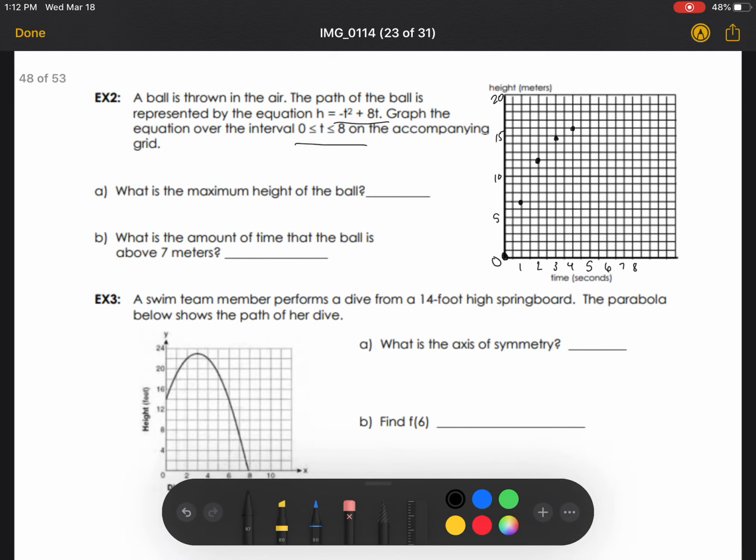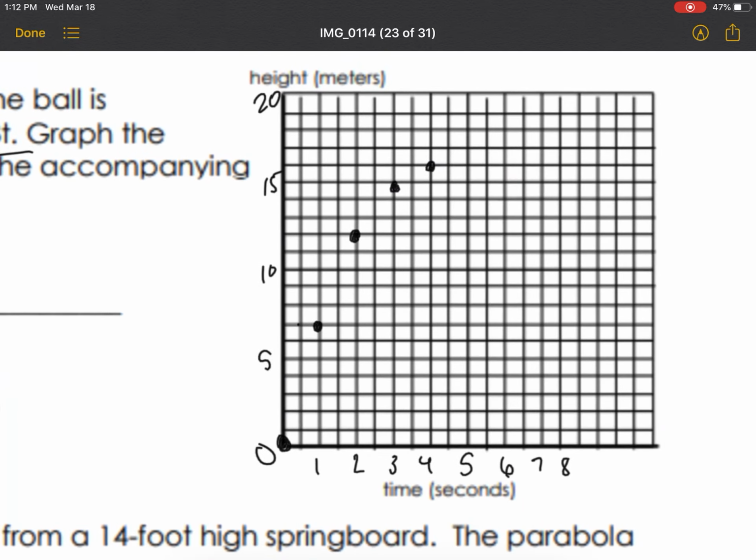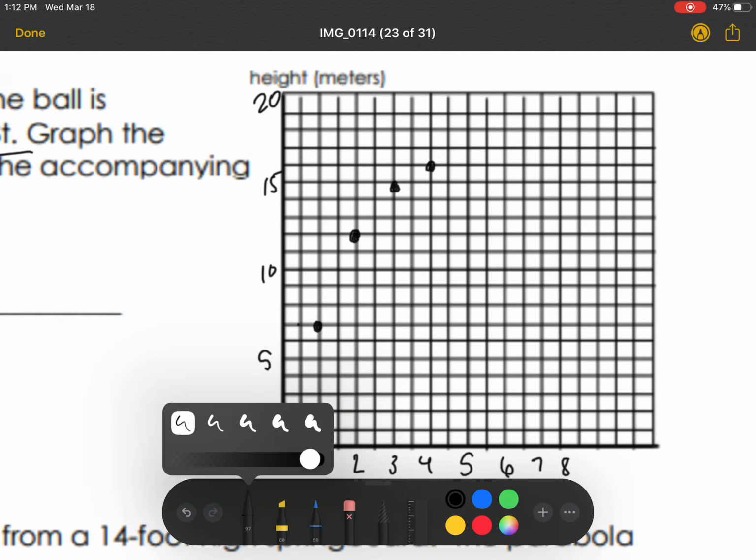This graph is hard to draw on this tiny piece of graph paper. Let's see, can I zoom in? Ooh, perfect.